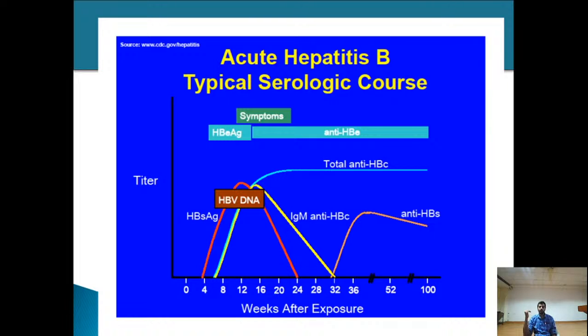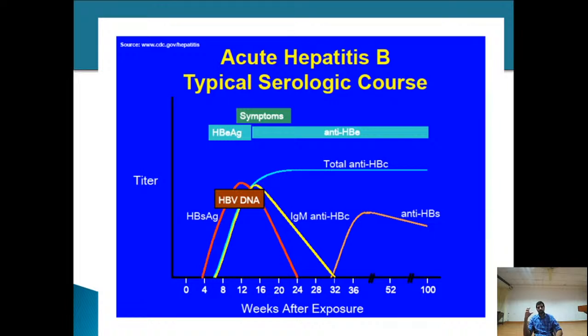And now you need to know there will be antibodies to these antigens, because your immunity actively recognizes these antigens. There will be antibodies within the blood. So hepatitis B surface antigen is there, and hence you will have anti-HBsAg. But until the surface antigen is in high quantity in the blood, you will not be able to detect antibody, because whatever antibody is produced will be bound to surface antigen and cannot be detected.